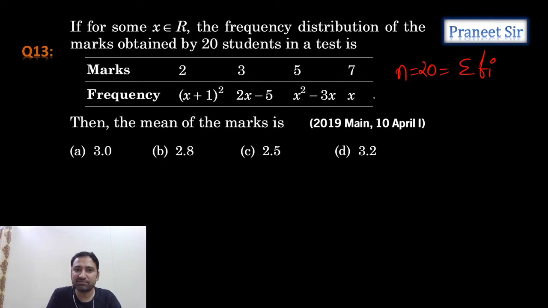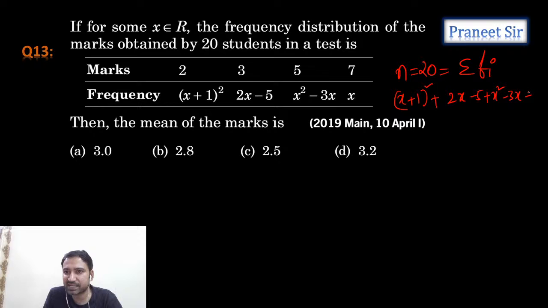So if you add all these, we should get 20, guys. That means (x plus 1) whole square plus 2x minus 5 plus x square minus 3x plus x is equal to 20. So can I calculate x value?